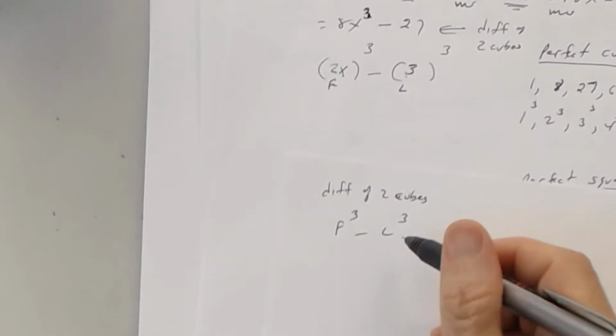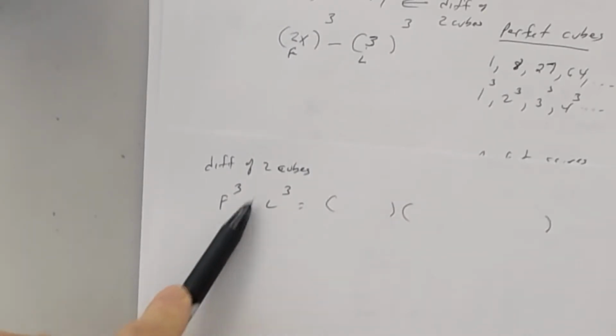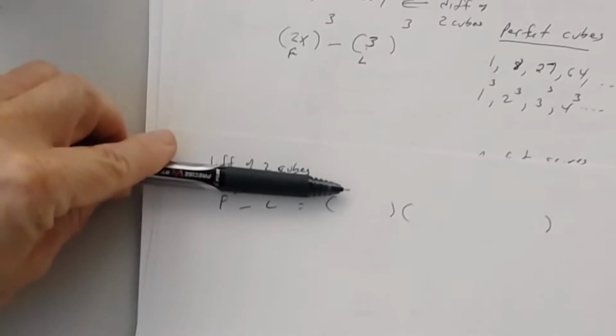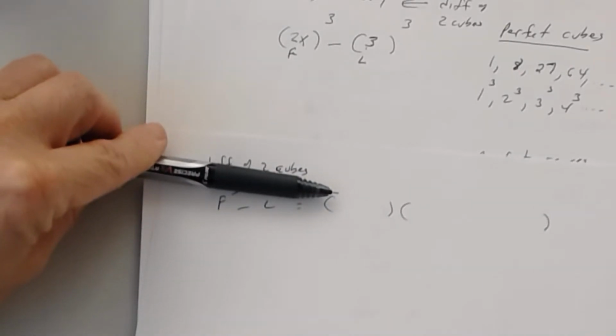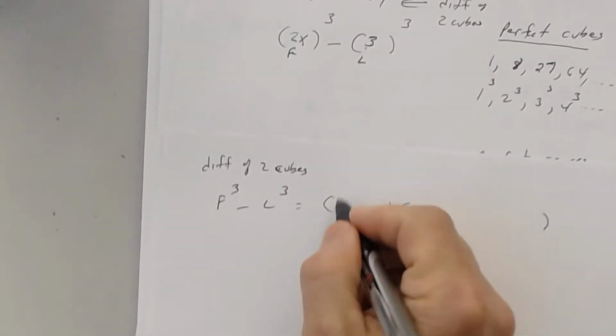Whenever you factor the difference of two cubes, you're going to factor it as a binomial times a what? Trinomial. Your binomial is the easy part. So if I'm factoring the difference of two cubes, F cubed minus L cubed, cover up the cubes, and what expression do you see? F minus L. That's your binomial. So it'll be F minus L.